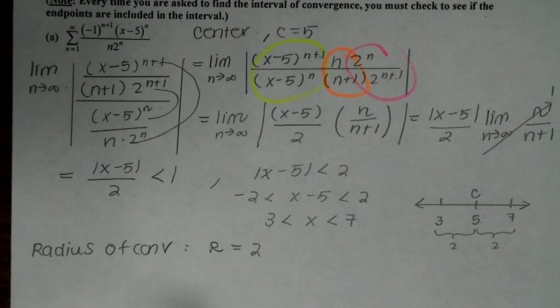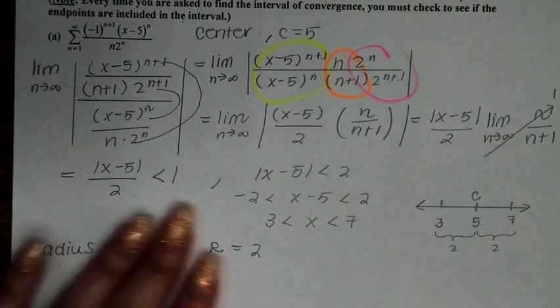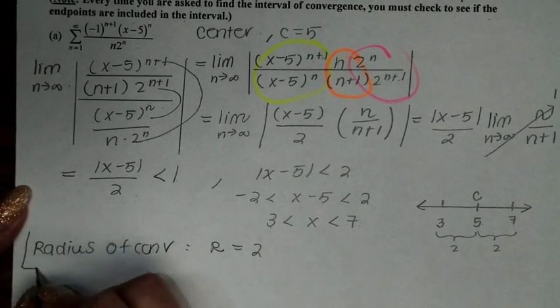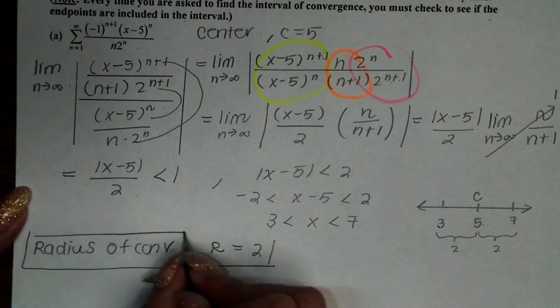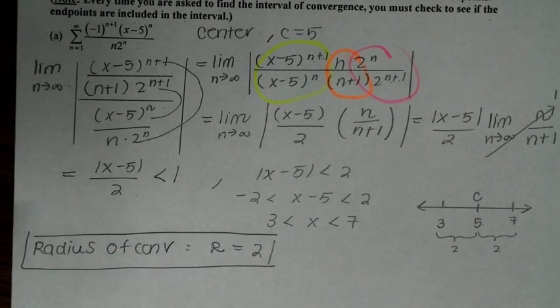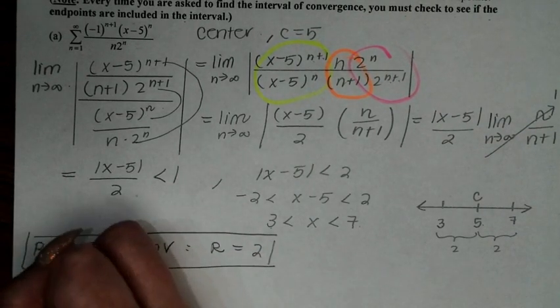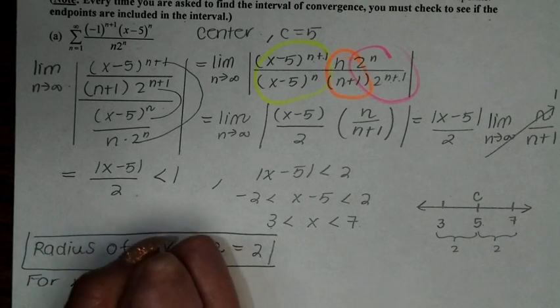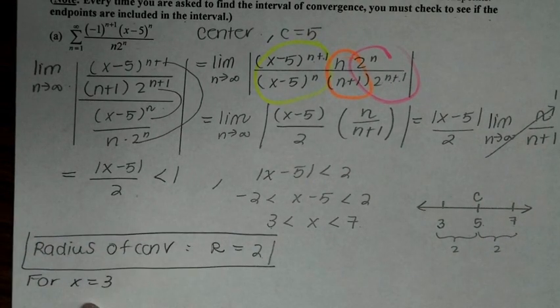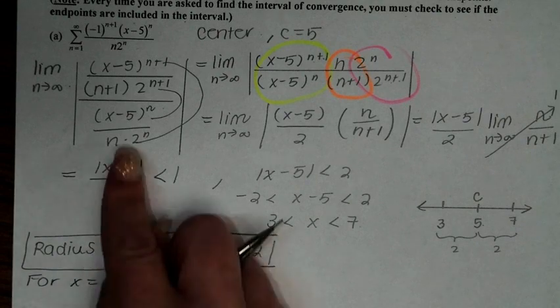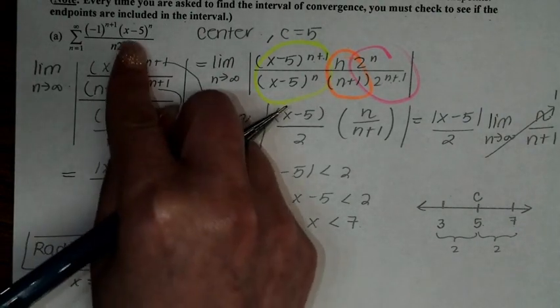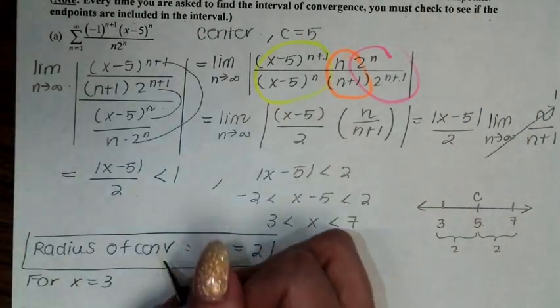Now, we are going to attack the interval of convergence. We're done with this, and this is part of the answer, right? But we're not done with the full question. So you're going to see for x equals 3, you have another series. You need to plug the 3 here, okay? So what do you have here?